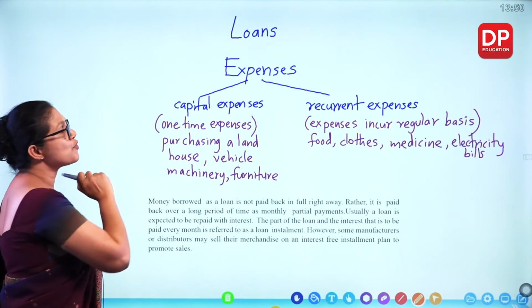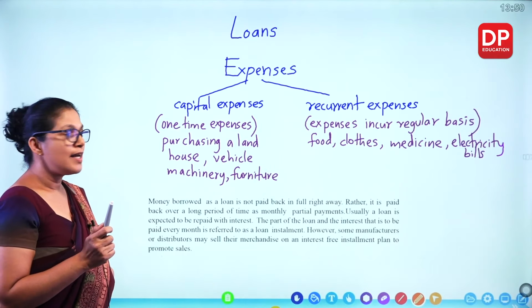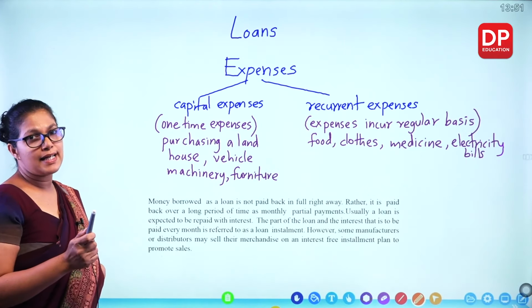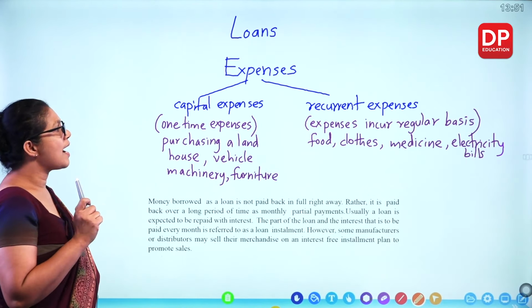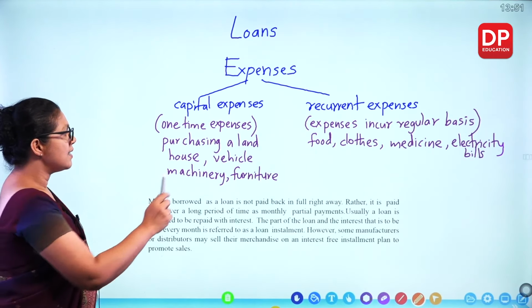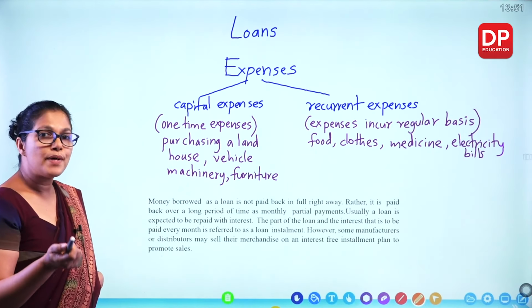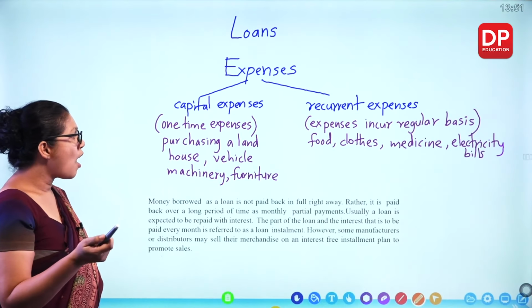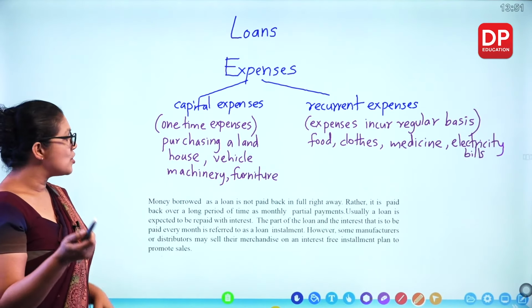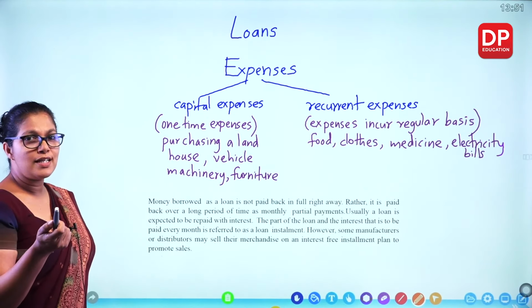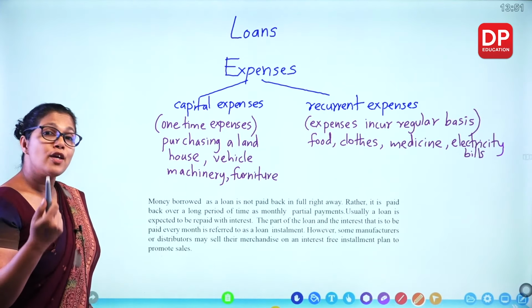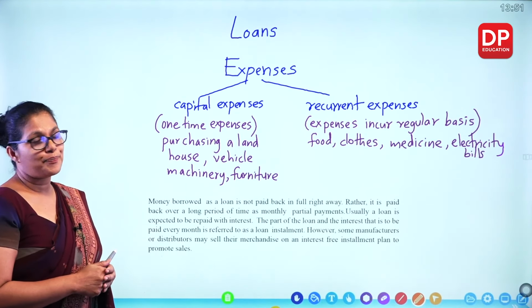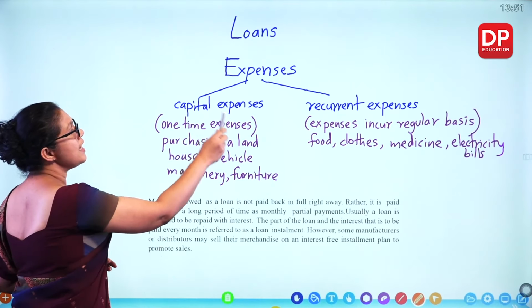But when it comes to capital expenses, you don't need to repeat again and again. So we call them one-time expenses. Sometimes if you want to purchase a land or a house, vehicle, machinery or furniture, you have to pay a huge amount of money.